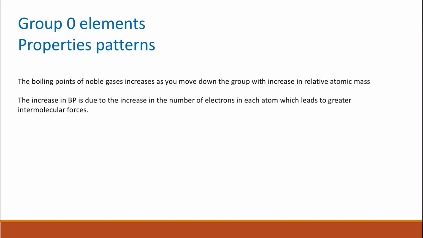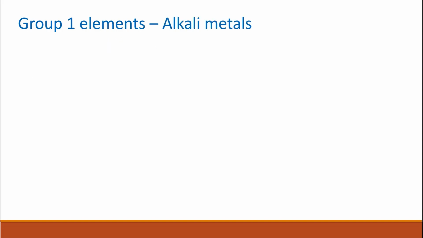The main reason for this is the increase in the size of the atom, the increase in the number of electrons, and the increase in the number of positive charges inside the nucleus, which means the attraction forces between the different atoms will increase, so we will need more energy to break the attraction forces between the different elements. And this trend is the same for all the groups, not just for group 0 elements.